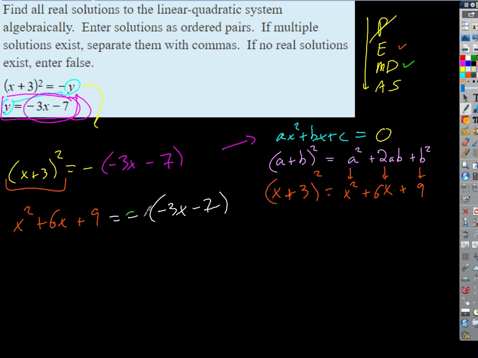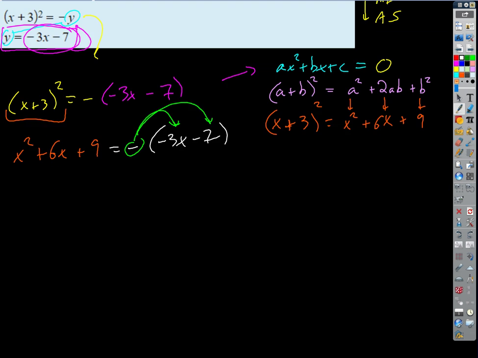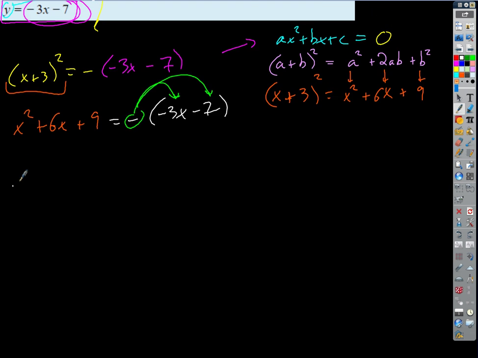So I'm going to distribute the negative 1 to both of those terms. And what does that give me? 3x plus 7. Okay, so I've got my x squared plus 6x plus 9 equals positive 3x plus 7. Okay, we're getting there.